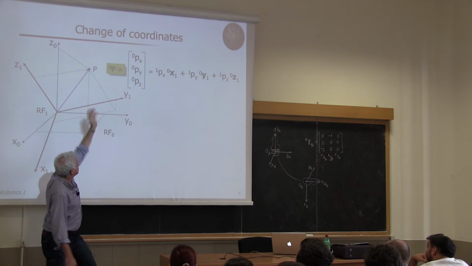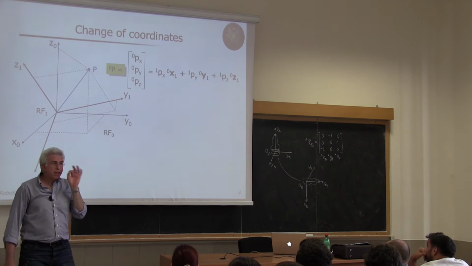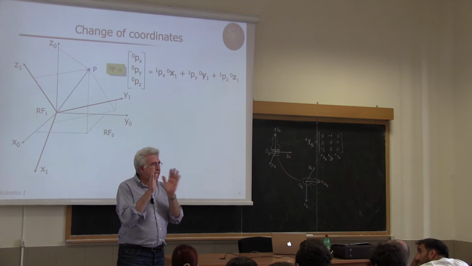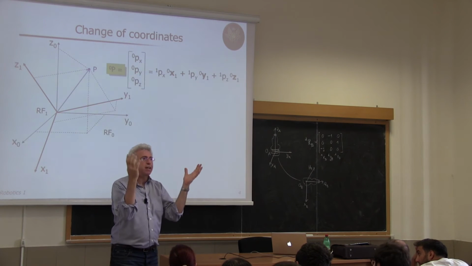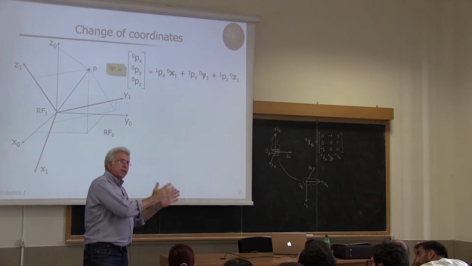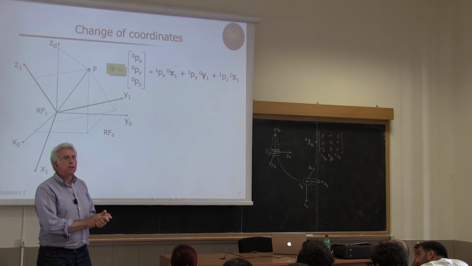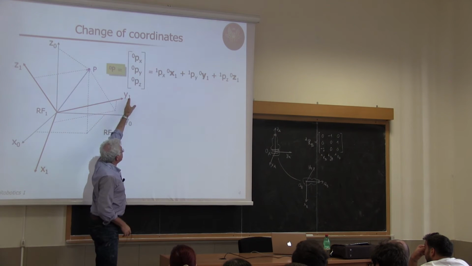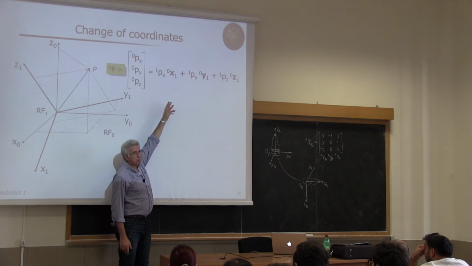Now its generic position is like this. When you write it in this way, you should think that you're representing the same generic vector with numbers, because you're expressing it with reference to some reference frame. So in fact, I can rewrite these 3 numbers in a more complicated way.